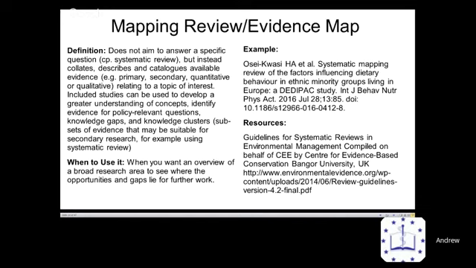Not so much the results of the literature, but what the literature looks like. So this won't answer the question of, does this approach work? It will answer the question, what approaches have been used and what gaps still remain?